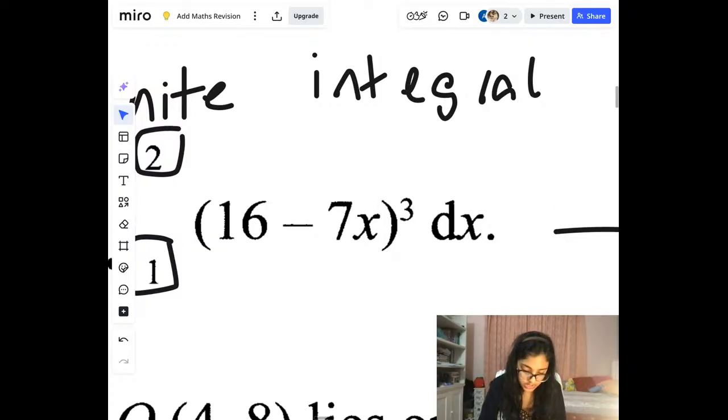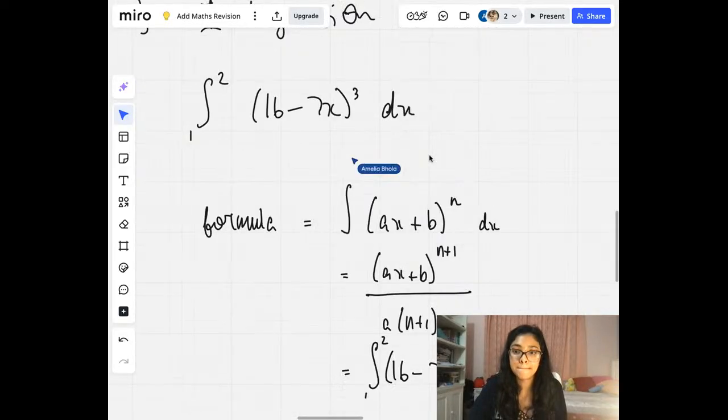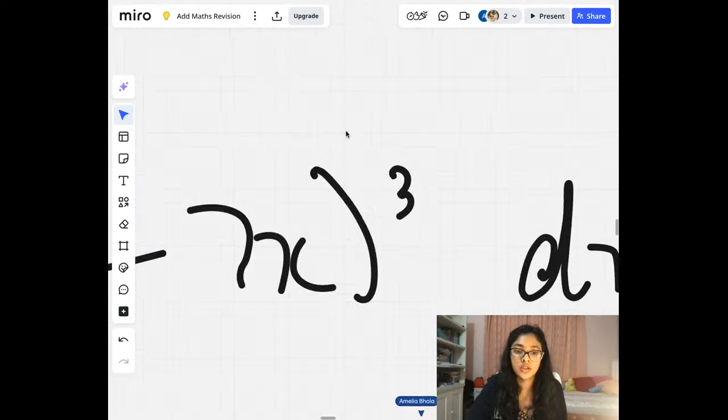It's not dy/dx of 16 minus 7x. All of this is raised to a certain power, 3. Let me pull it up. Raised to the power 3.